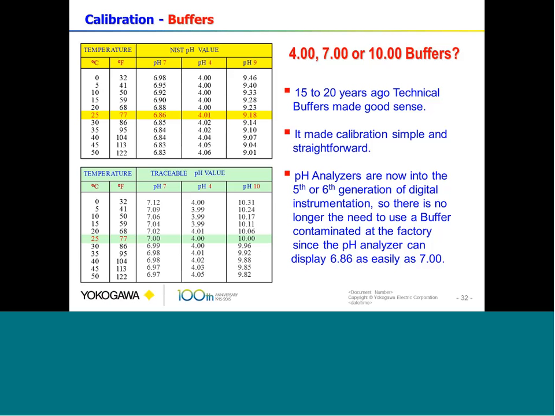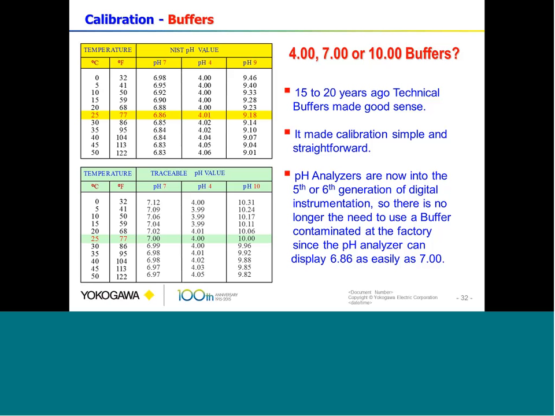So what the manufacturers did was take the material, basically for the 6.86, and add some material, a contaminant of some sort, to cause it to read 7. And the 9.18, they did the same and raised it up to a 10.